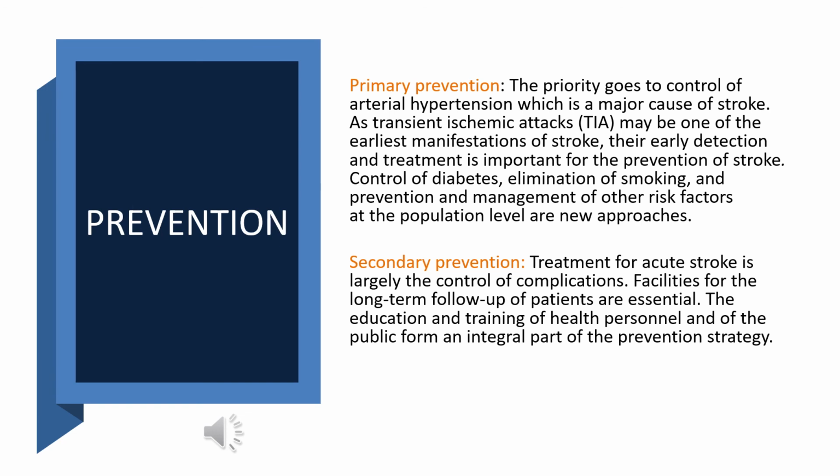That is, once the stroke has occurred, the secondary prevention will focus on limiting the complications. It involves the availability of facilities for the long-term follow-up of the patients, and it also involves the education and training of health personnel and of public, so that secondary prevention can be made possible. So these are the preventive measures that can be undertaken for prevention of a stroke.